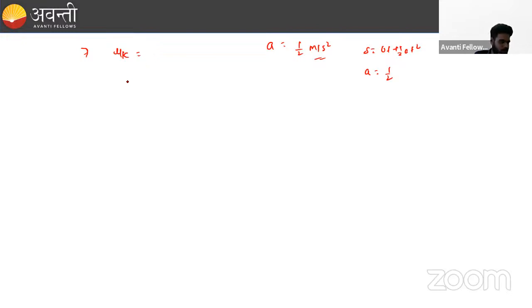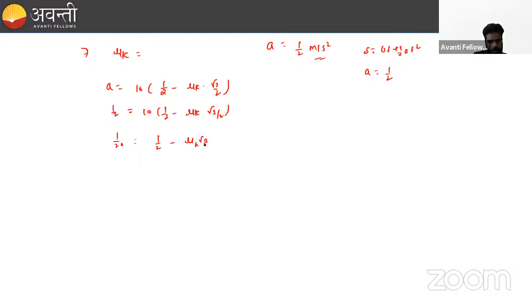Putting this in, a equals 10 sin 30 minus mu k times 10 cos 30, so 1/2 equals 5 minus mu k 5 root 3. Simplifying, we get 1/10 equals minus mu k root 3 by 2 terms, and mu k is approximately 0.5.